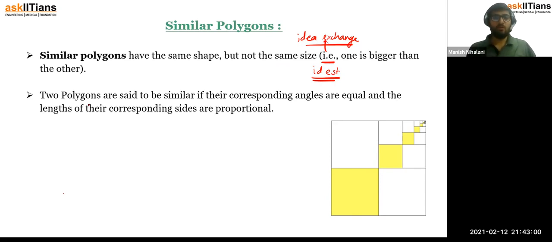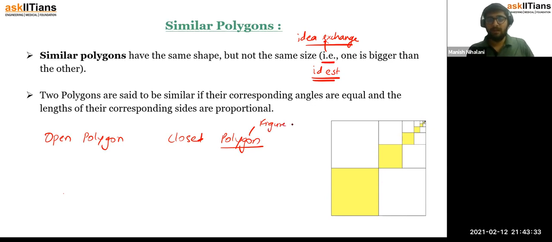Two polygons are said to be similar if their corresponding angles are equal and the lengths of their corresponding sides are proportional. First of all, we need to understand what we mean by a polygon. There are two types of polygon: open polygon and closed polygon, right? A polygon means a figure with many sides.